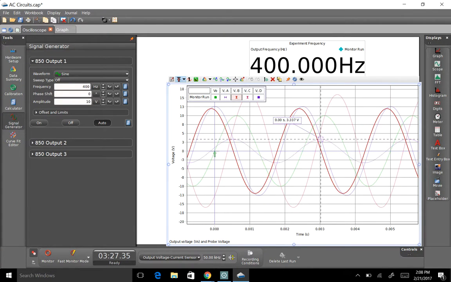Then the voltage across the inductor. I think that's good. 12.01.